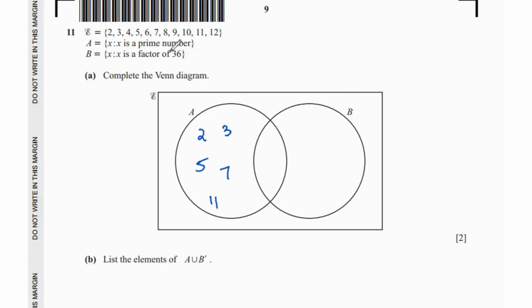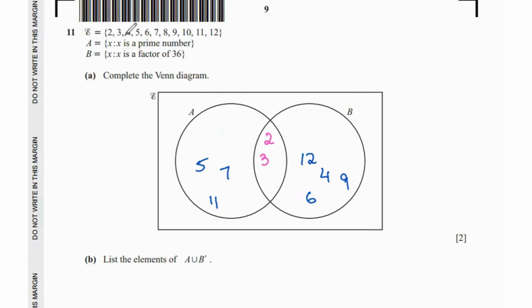If it's a factor of 36, 2, 3, 4, 6, 9, and 12. Now in the middle, we will write the common elements. So as you can see, 2 is common, 3 is common, and that is it. Which means we will remove 2 and 3 from over here.